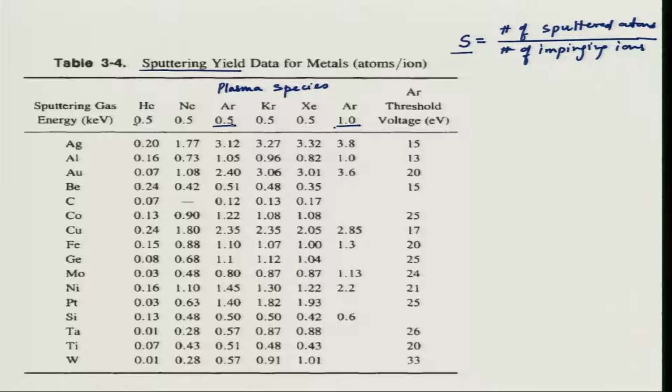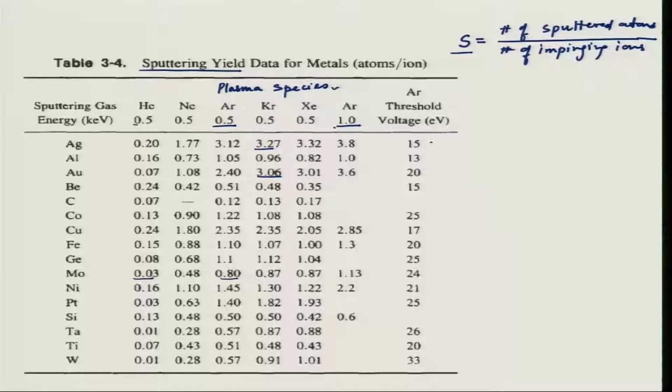So, you can see in some cases the sputtering yield is very high, and in some other cases the sputtering yield is very low. So, you can choose your plasma species according to what you want to deposit.